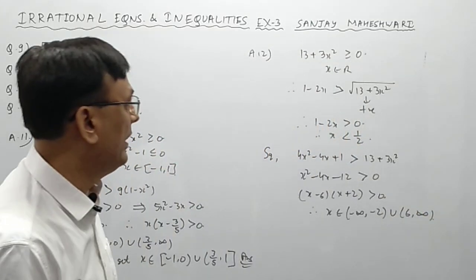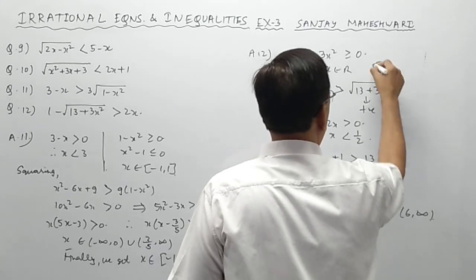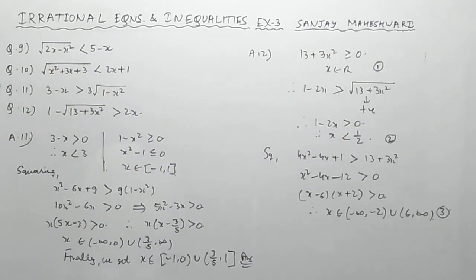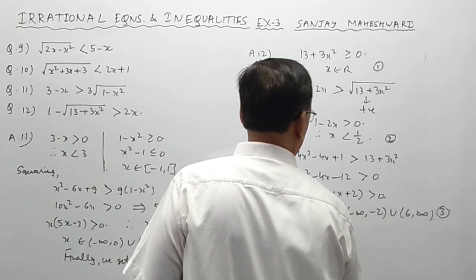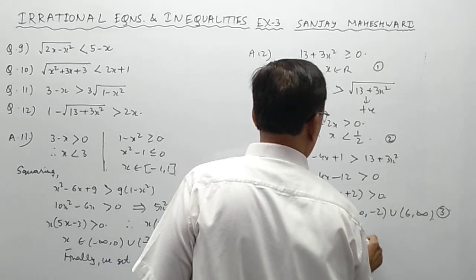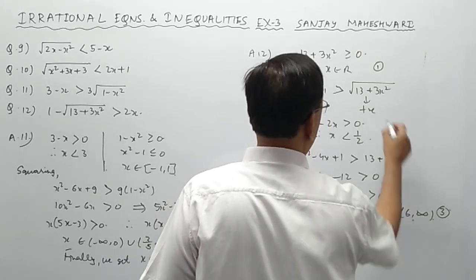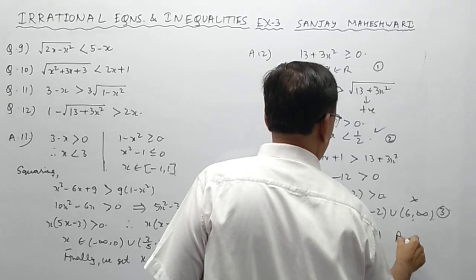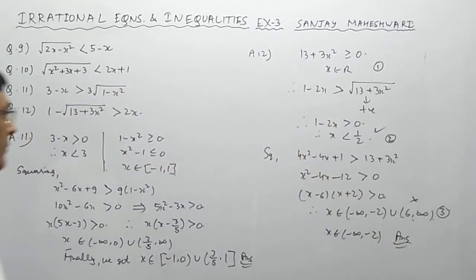Now we have to check the three conditions. You can very easily see that there will be only one solution for this. This solution is x belongs to minus infinity to minus 2, as the other part gets cancelled. So this is the correct answer.